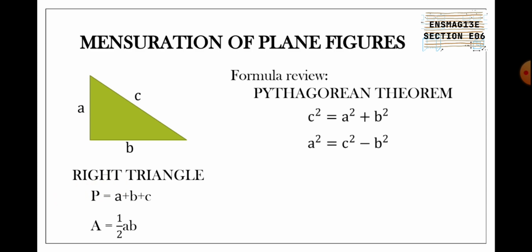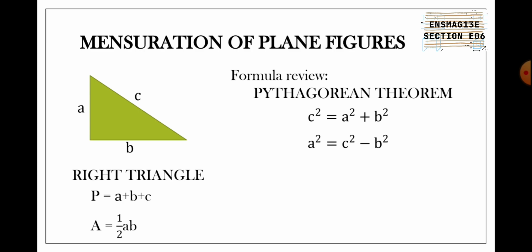To review the formula of the Pythagorean theorem, we have c squared equals a squared plus b squared, or simply, the square of the hypotenuse is equal to the sum of the squares of its legs, with a and b as your legs and c as your hypotenuse. But there are times wherein we have a missing leg.